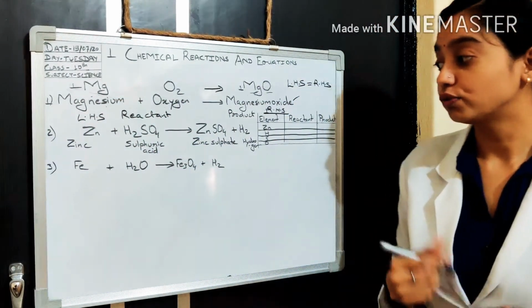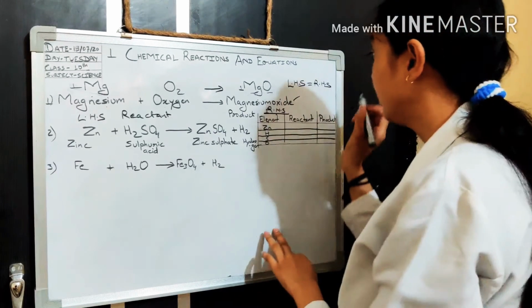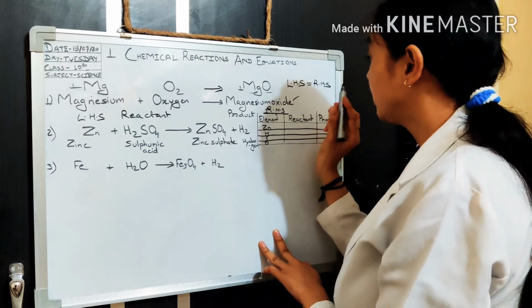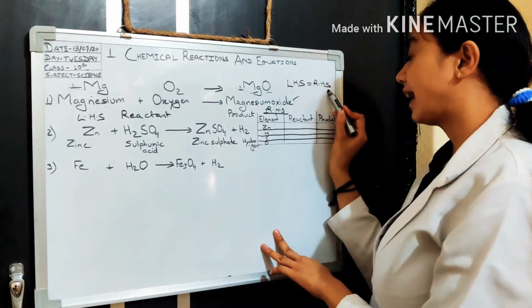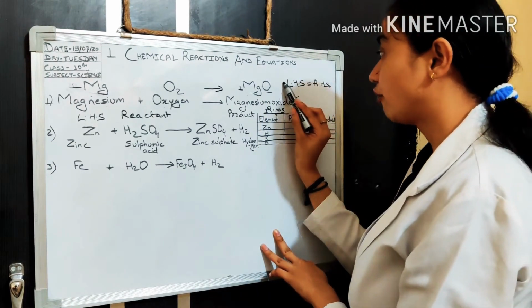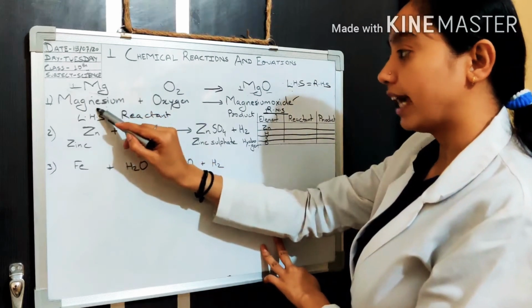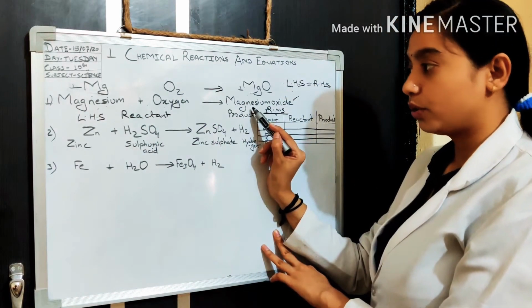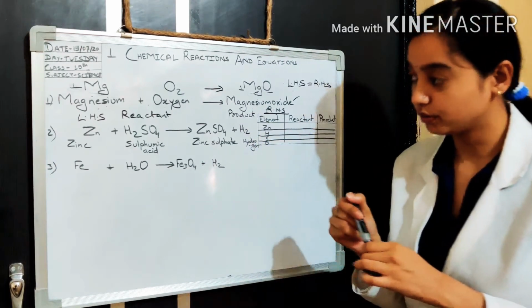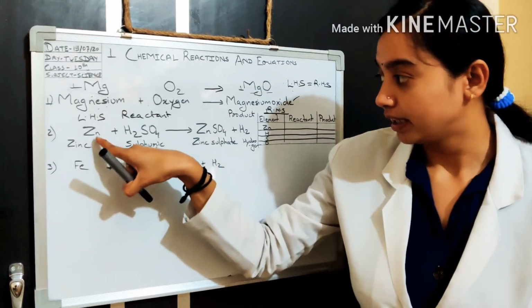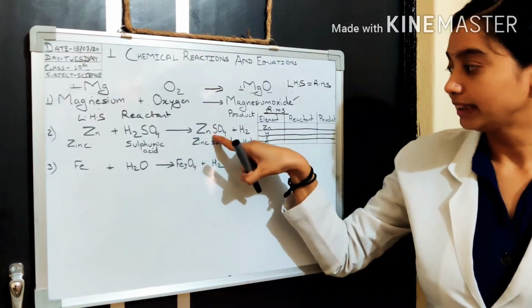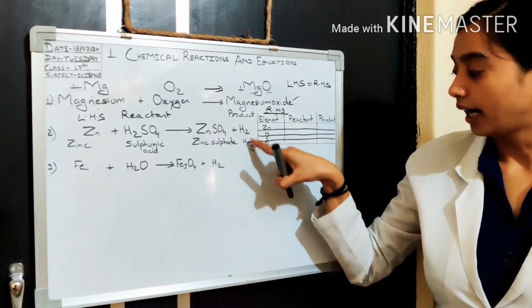A balanced reaction is such a type of reaction in which the left hand side is equal to the right hand side, meaning the amount of reactant is equal to the amount of product. Suppose we take this example. Here zinc is reacting with sulfuric acid and forming zinc sulfate plus hydrogen.